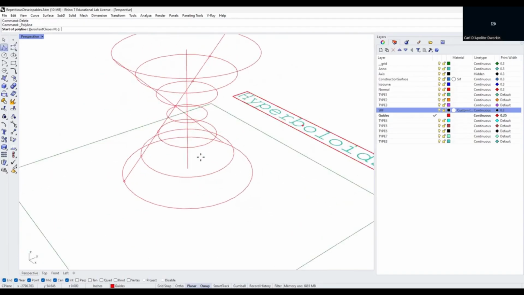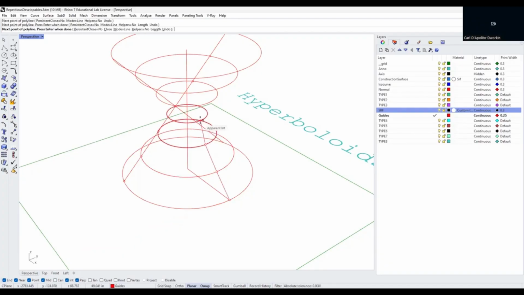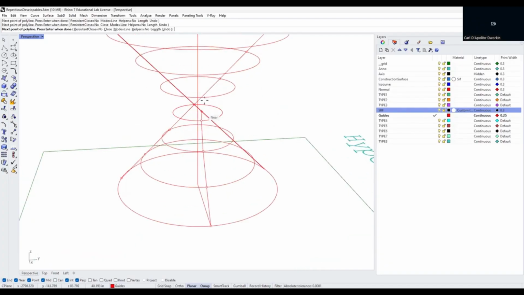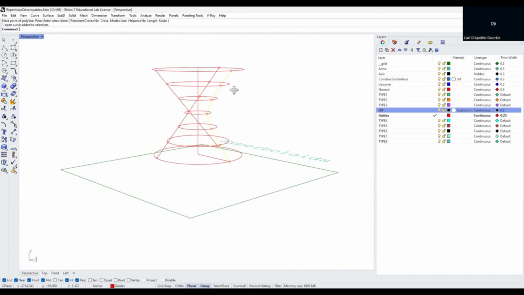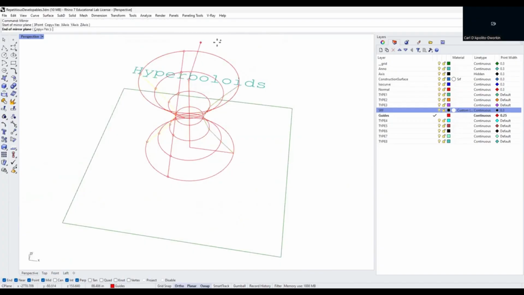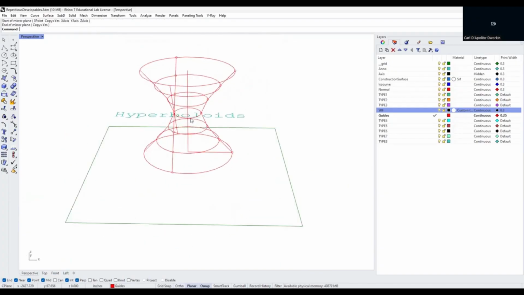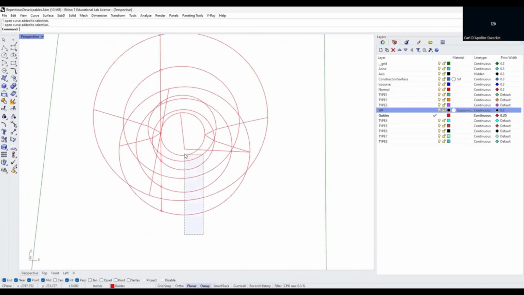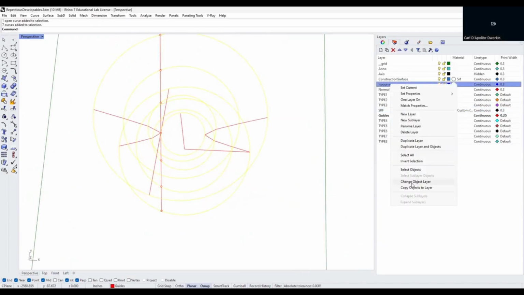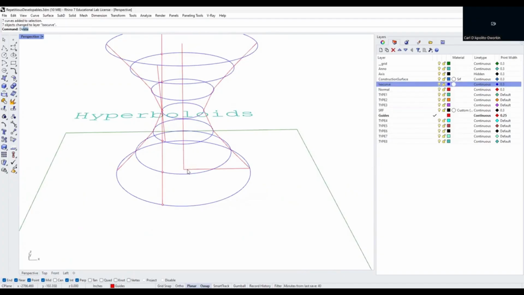Okay, so all I'm going to do is just turn my perp snap on and draw a bunch of lines up one side of the hyperboloid like that. And then I'm going to mirror that over there. Okay, and then let's put these on their own layer so we can see them.